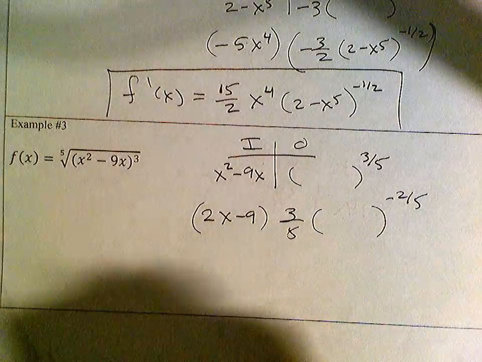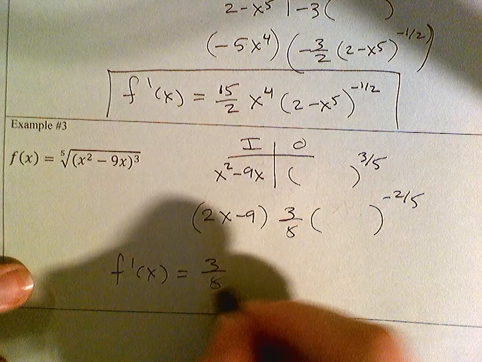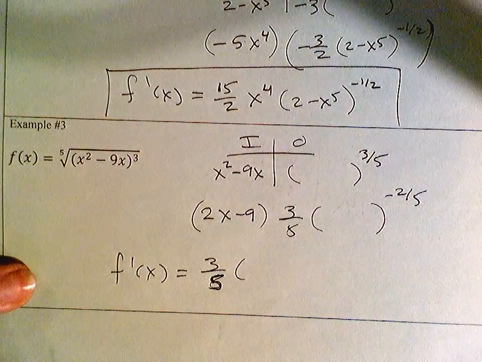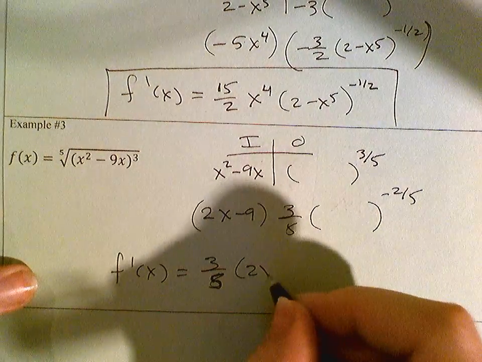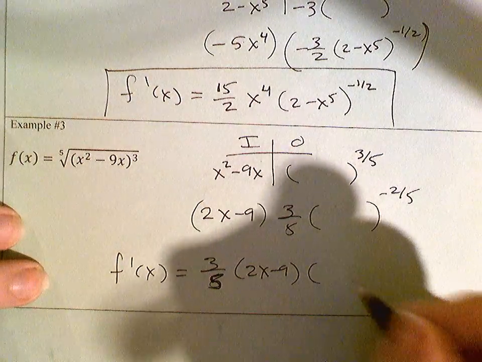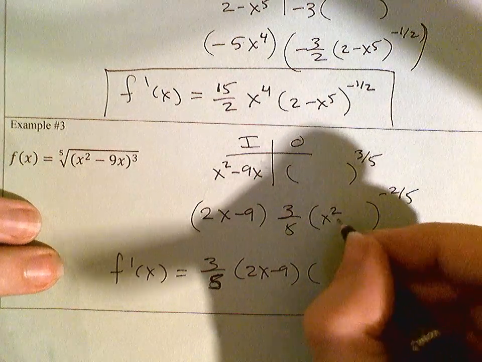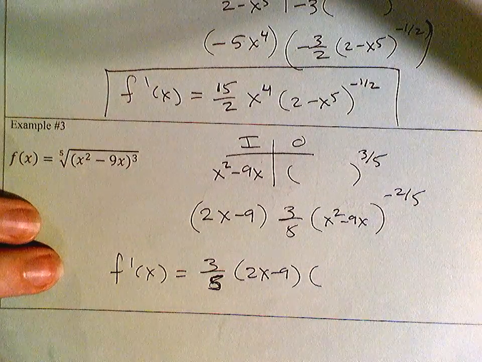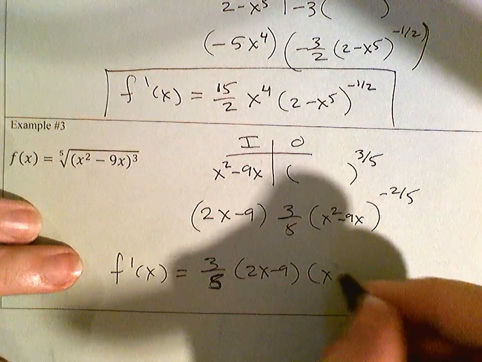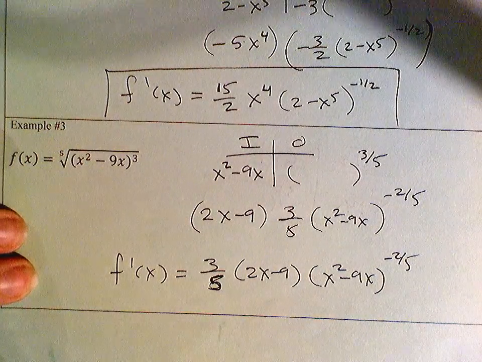And so I have f prime of x equals 3/5, because that's a coefficient, so I like to put it out front, times 2x minus 9 times, this has to go back in, remember, so x squared minus 9x to the negative 2/5.